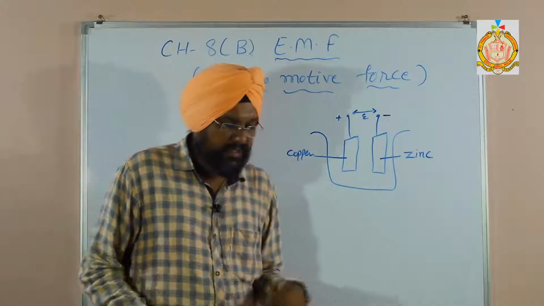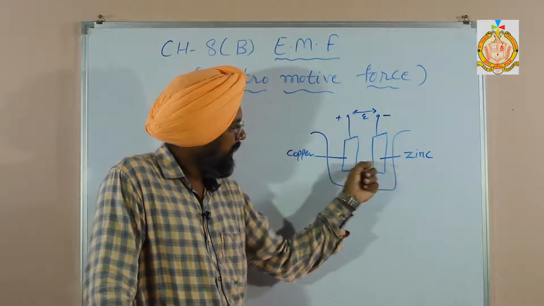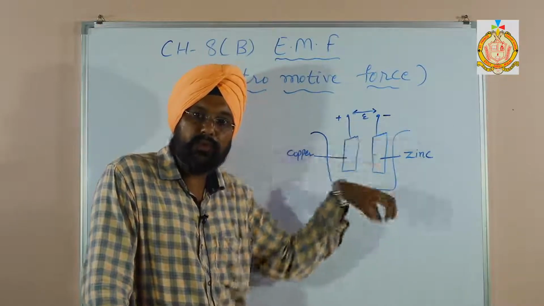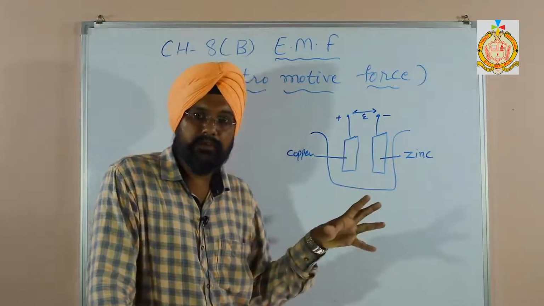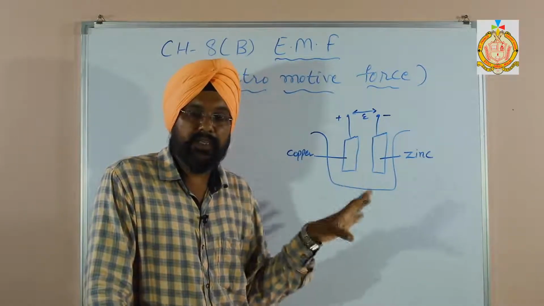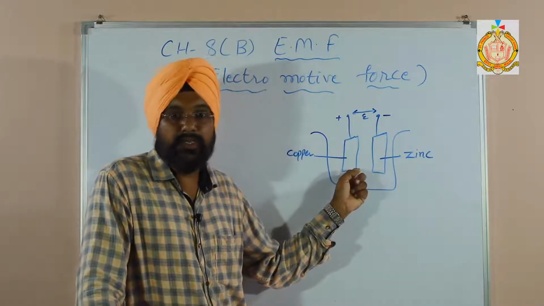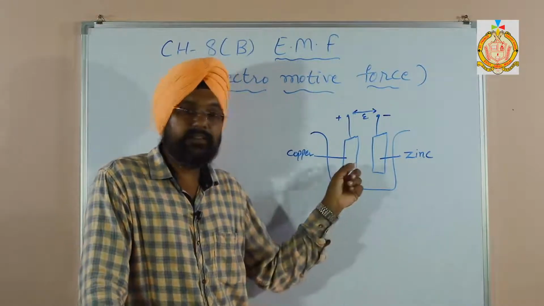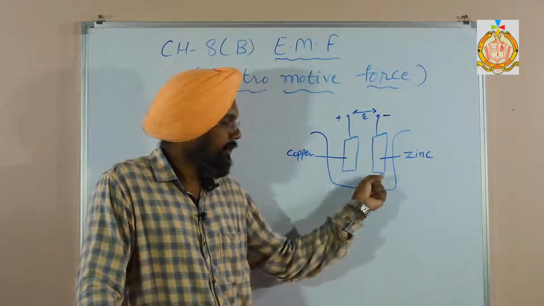Now, does the cell store chemical energy? Name the electrolyte or liquid which we are pouring inside the battery. Some people pour water only, but it affects the battery. Name the electrolyte used in a battery.